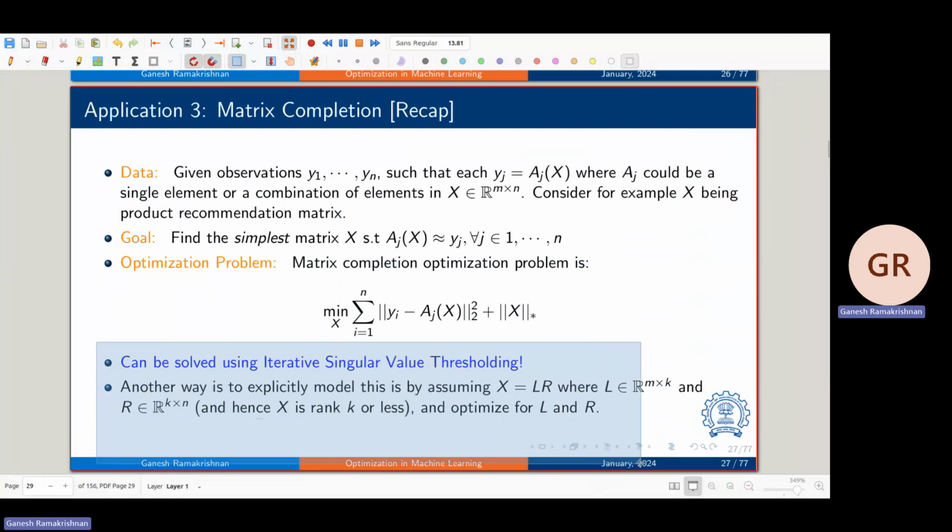Now we said, well, we want this x to be simple. Is there a way we can put a constraint on simple in a different way? So one constraint for x was what? What is the constraint we discussed last time?